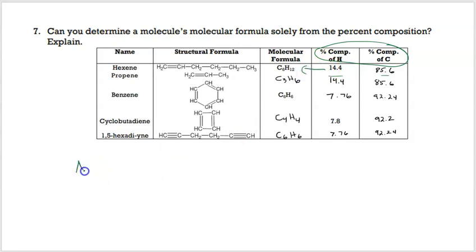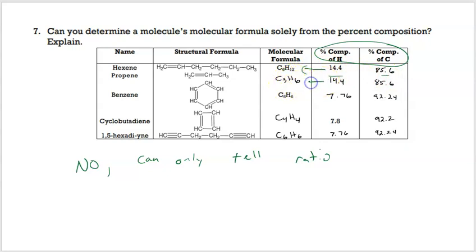And the answer again is no, right? Can only tell the ratio, right? So again, from 14.4% hydrogen and 85.6% carbon, I know that for every 1 carbon there are 2 hydrogens.